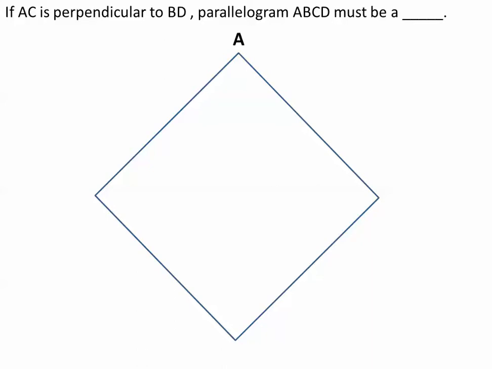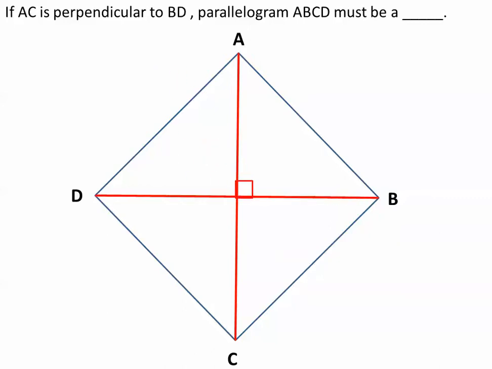So there's point A, B, C, and D. Now I'm going to put in my perpendicular segments AC and BD, and since they're perpendicular, I put my little square there showing I have right angles.